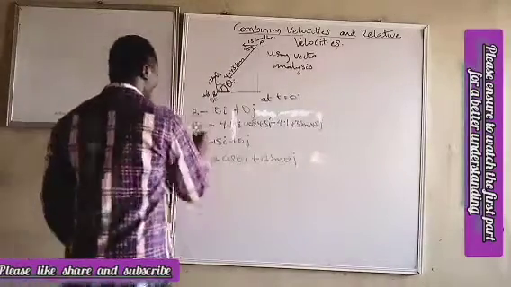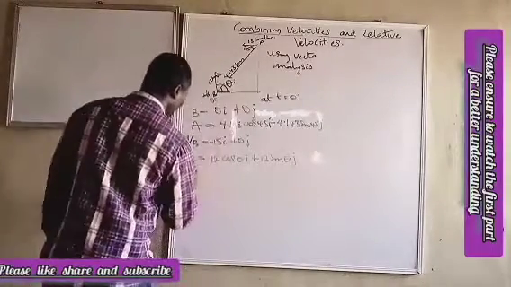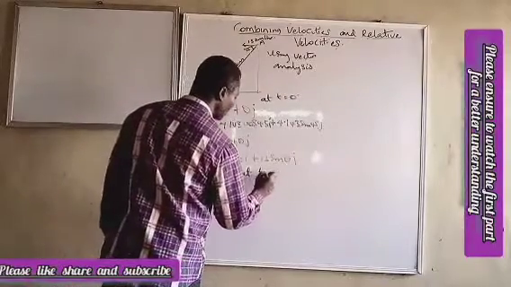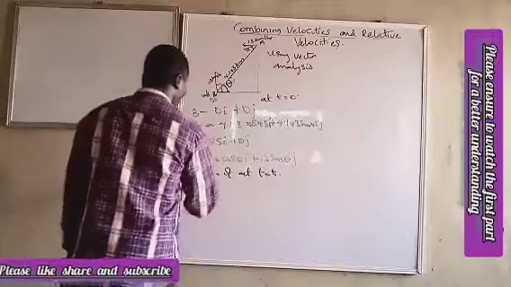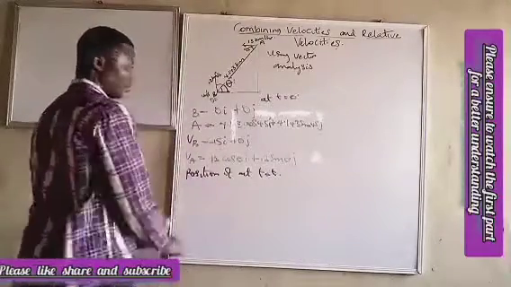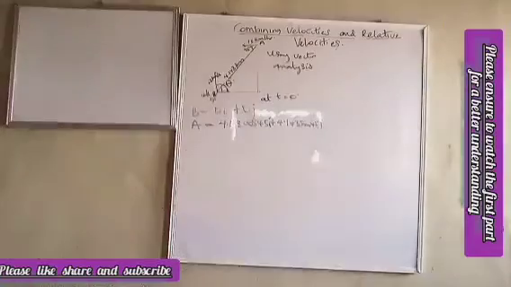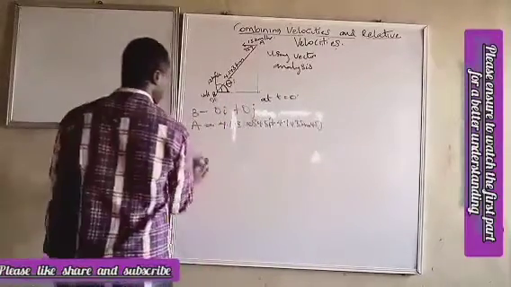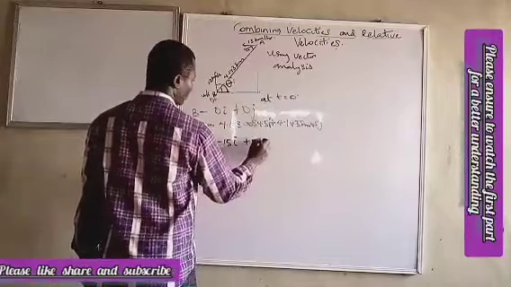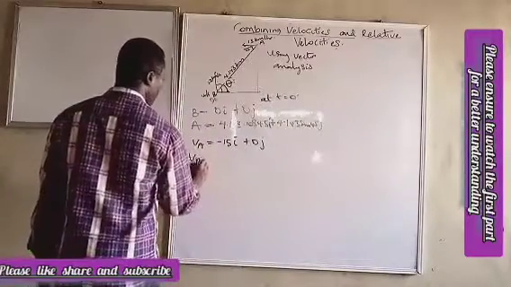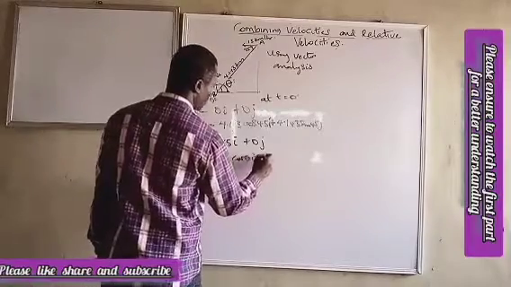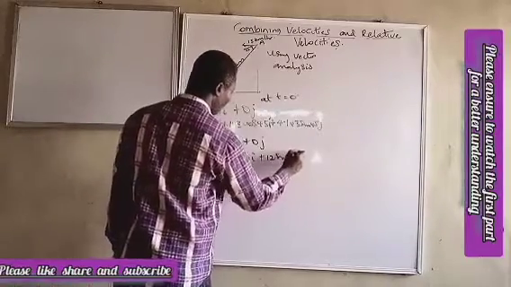So let's start with the position of B at any time t. VA, the velocity of A, is minus 15i plus 0j. VB is 12 cos theta I plus 12 sine theta j.